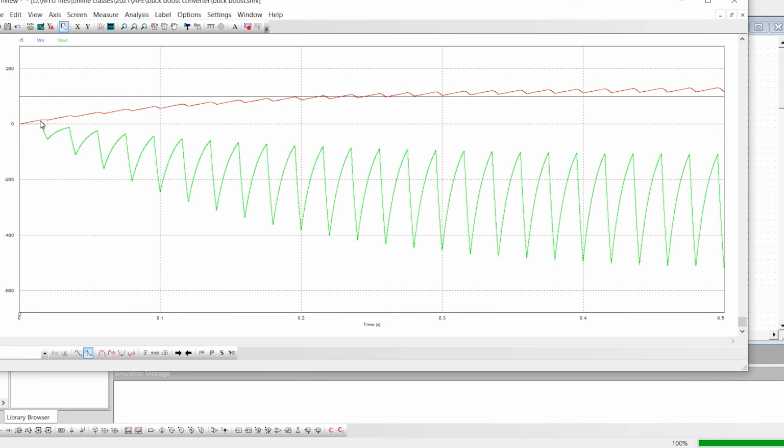In the next instant, from here it reduces slightly. During this time, discharge from the inductor takes place. At the same time, the voltage across the load will be there. From here to here, in the third instant, there will be charging of the inductor.